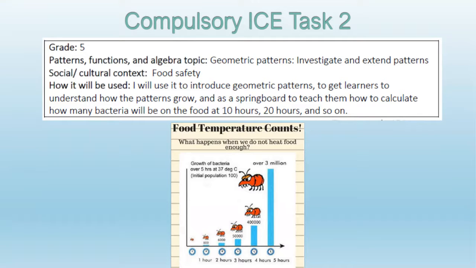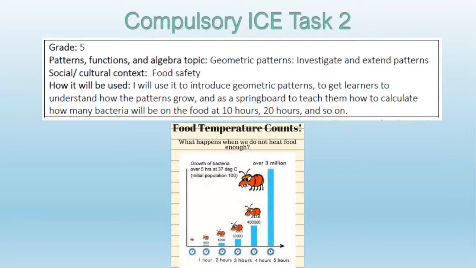If you don't heat it enough, like for instance, if you want to eat a pork chop and you don't heat the pork chop enough, there would be bacteria left in the pork meat, and that would increase by time. So this is what happened here.